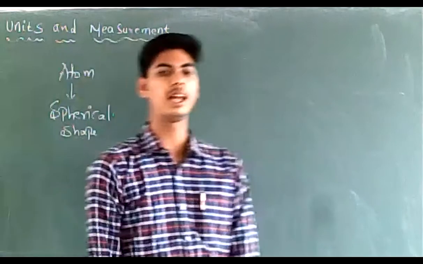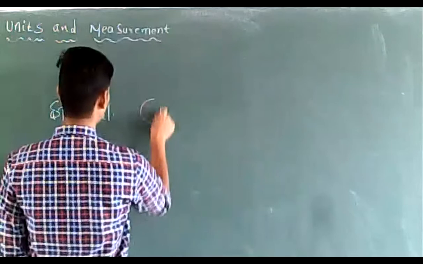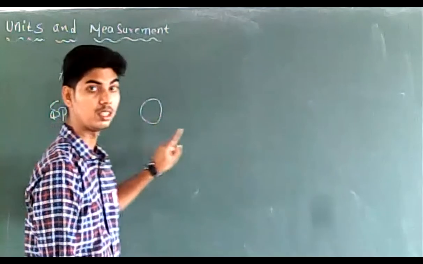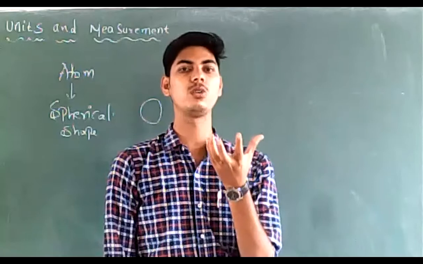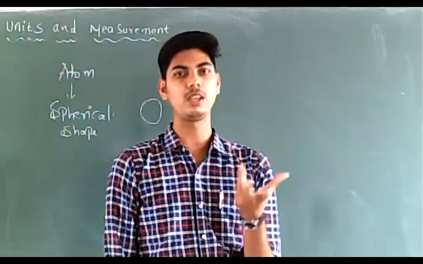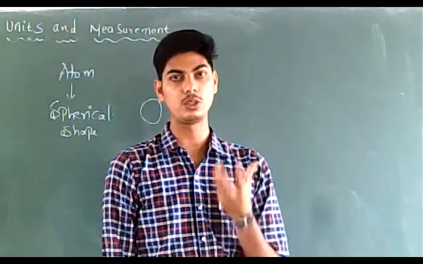We assume that an atom looks spherical. An atom looks like a circle on the board, but it is spherical. Spherical means you can just imagine a ball. A ball is spherical in shape. We assume an atom to be spherical in shape.